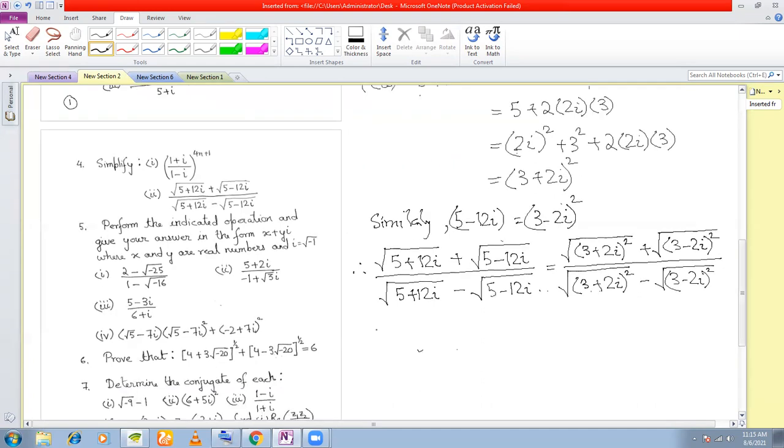Okay, so now we can write this as 3 plus 2i, because we can remove the radical, because under the radical we have a perfect square, plus 3 minus 2i divided by 3 plus 2i minus 3 minus 2i.